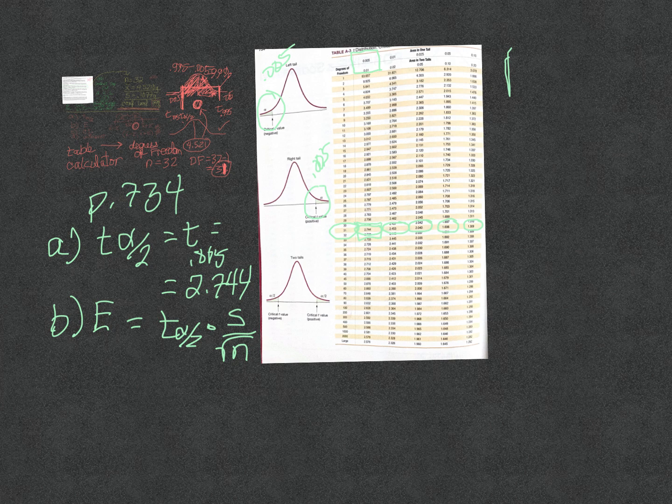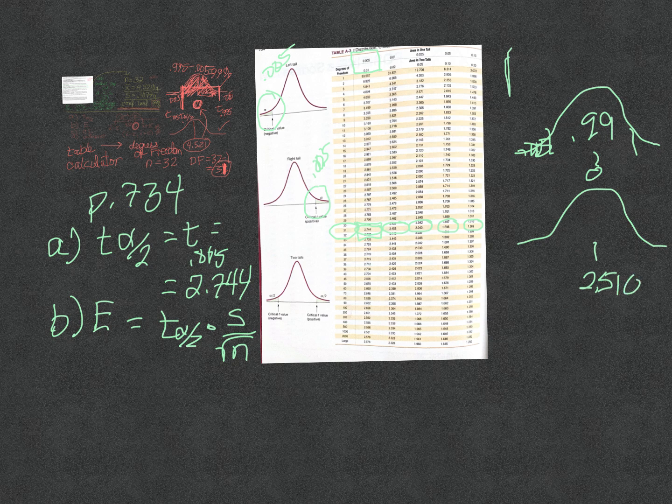What does this give us? Well, remember I drew two t-distributions, and up here I had the 0.99 area, and this was 0.005, and I said it was centered on 0. Well, this one's centered on the sample mean, 4.521. It's centered on the sample's mean, and the margin of error gets converted to that.